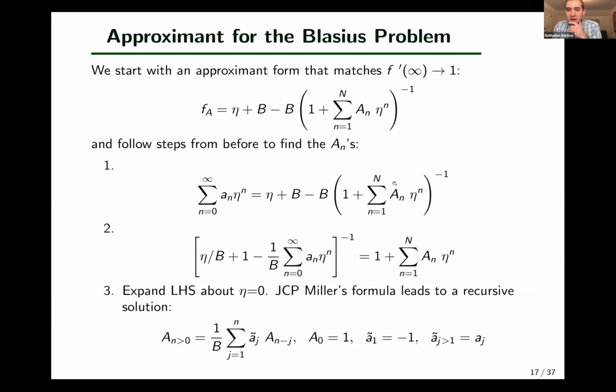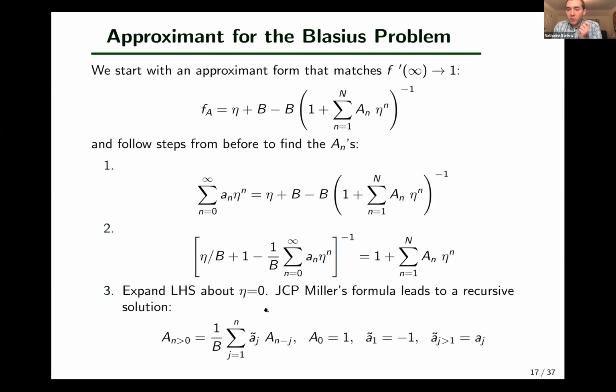Then we solve for the capital A's, and we get this expression in step 2. And you see everything here on the left side of step 2. The way that we get the coefficients there, basically, if we were to expand the left-hand side about 0, the coefficients would exactly be equal to capital A sub n.